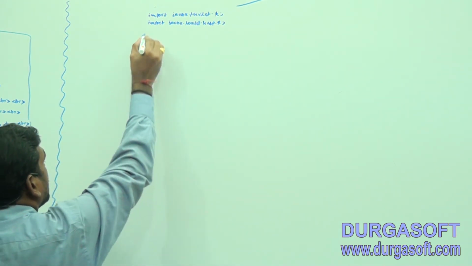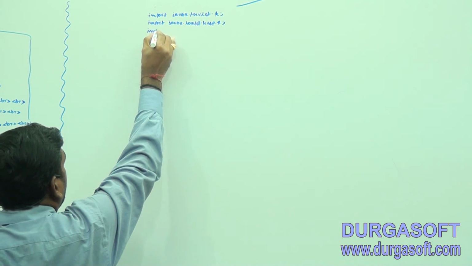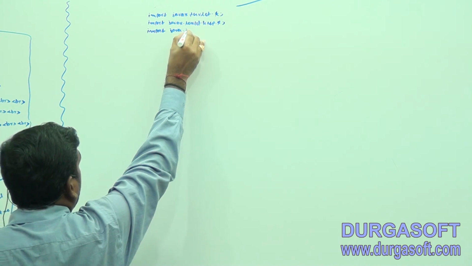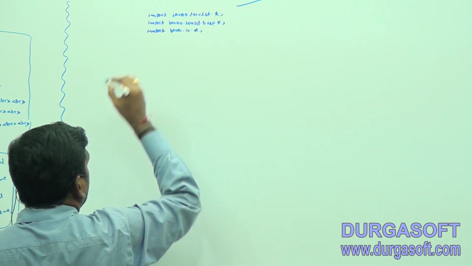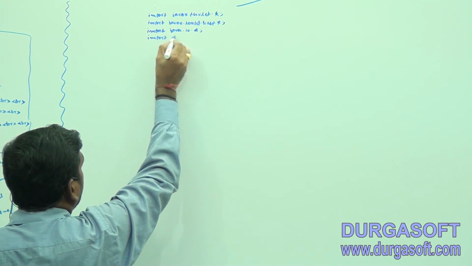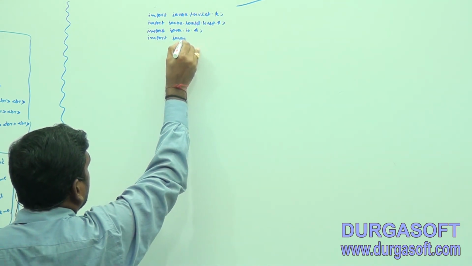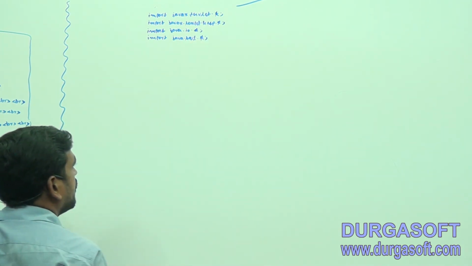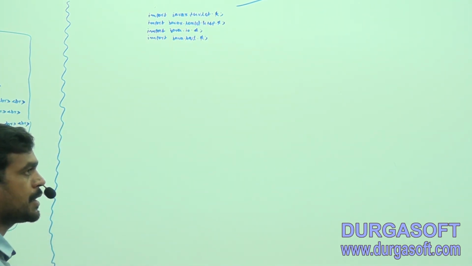Then next after that import java.io.star package. Then next we need to import the SQL package also. Why? Because we are going to write some database communication related code. Then import java.sql.star package. We need to import all the packages.